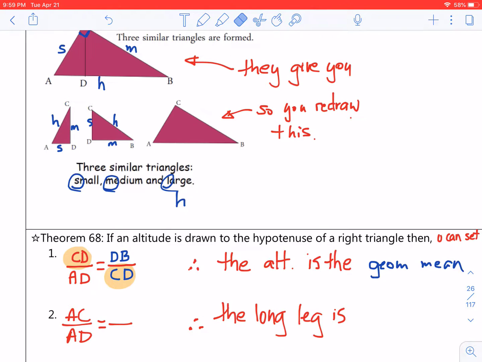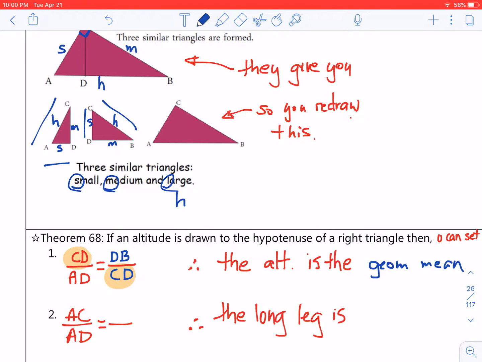I'm going to delete those two and look at AC and AD. Again, we're dealing with the hypotenuse and the small. So I come over here and hypotenuse and the small.